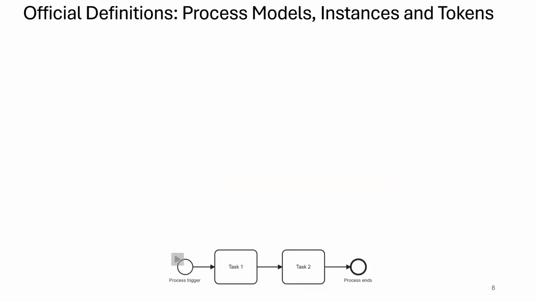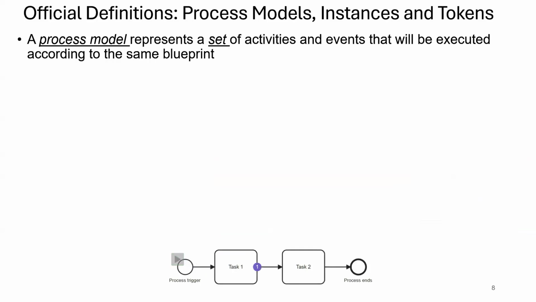Let's get to some of the official definitions. So this is the token. A process model represents a set of activities and events that will be executed according to the same blueprint. It can be thought of as a tree of possible states of a given process.